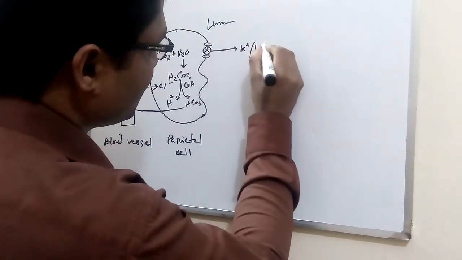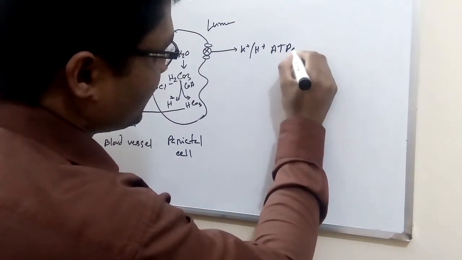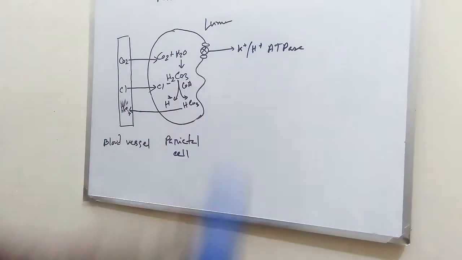Potassium, hydrogen, ATPase. It's called the hydrogen potassium ATPase, the proton pump.